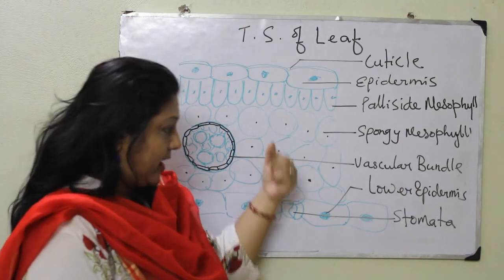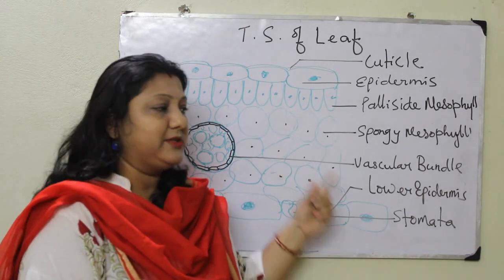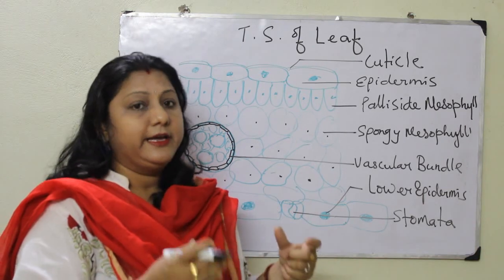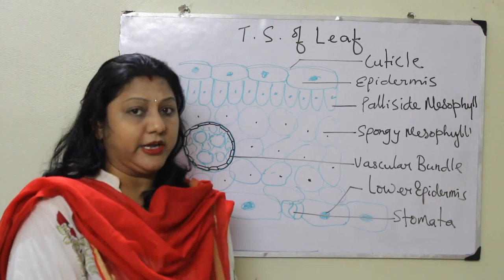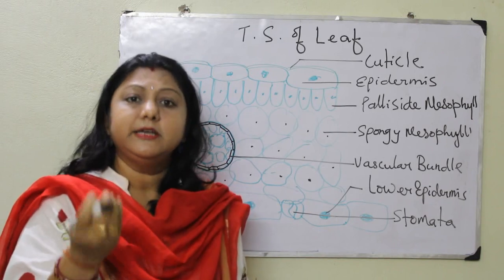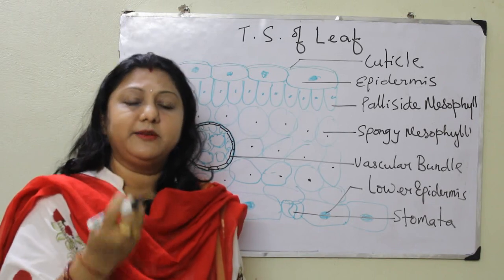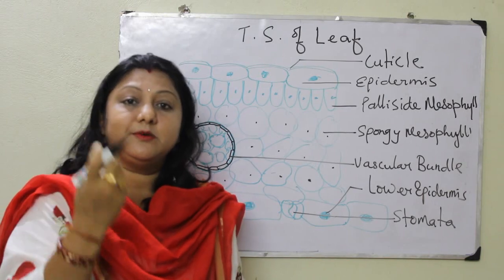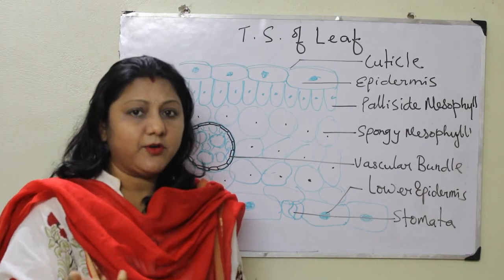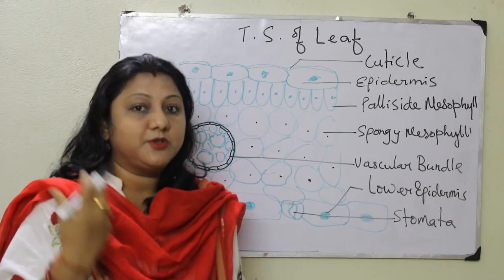Okay, now once we have discussed the structure of the leaf, let us discuss the structure of the particular cell organelle which contains the most important pigment, chlorophyll, which has the capability to absorb the sunlight. Why is chlorophyll important? It absorbs the sunlight.